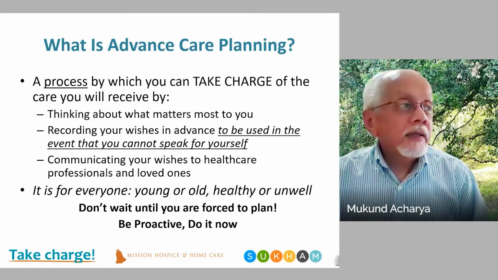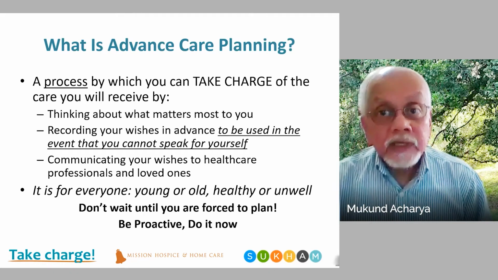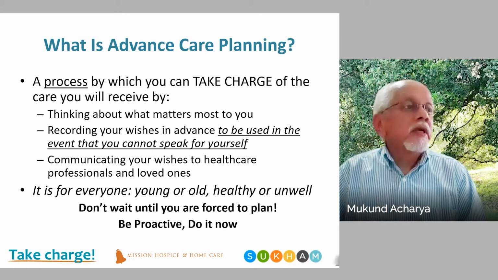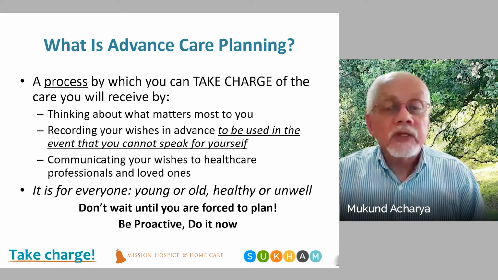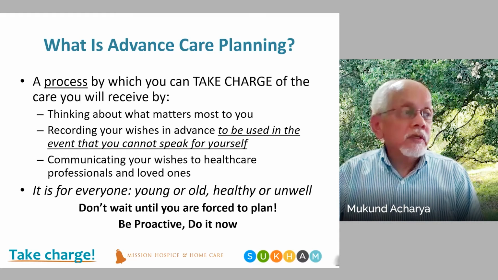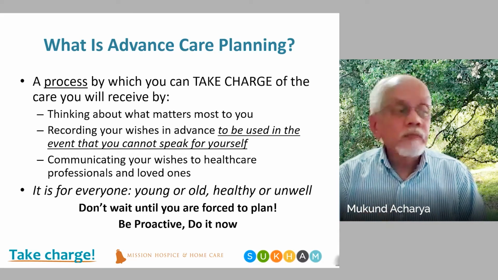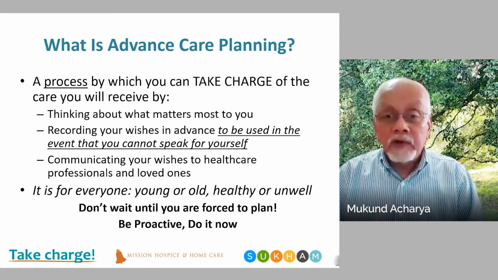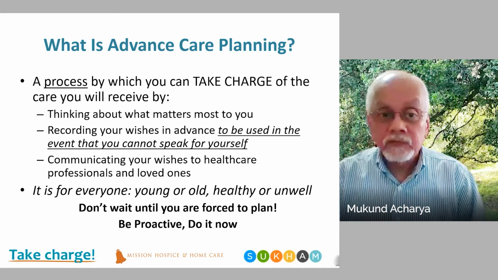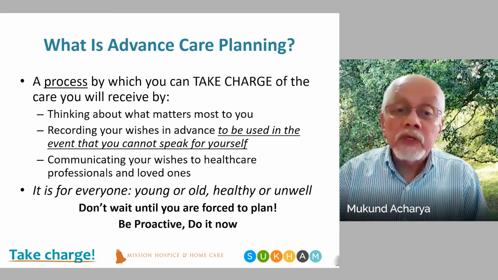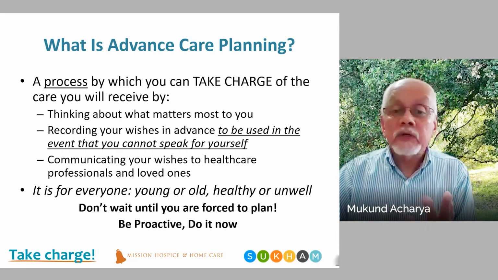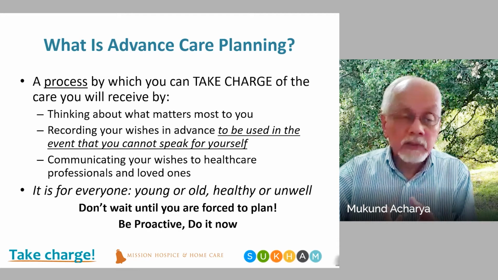So with that, let me define for you what advanced care planning is. It's a process, and I've underlined process. It's a process by which you can take charge of the care you will receive when the time comes, by doing a few things: thinking about what matters most to you, recording those wishes in advance so that they can be used in the event that you cannot speak for yourself, and then communicating these wishes with all those who need to know, all the healthcare professionals, your doctors, your specialists, your hospital, right?